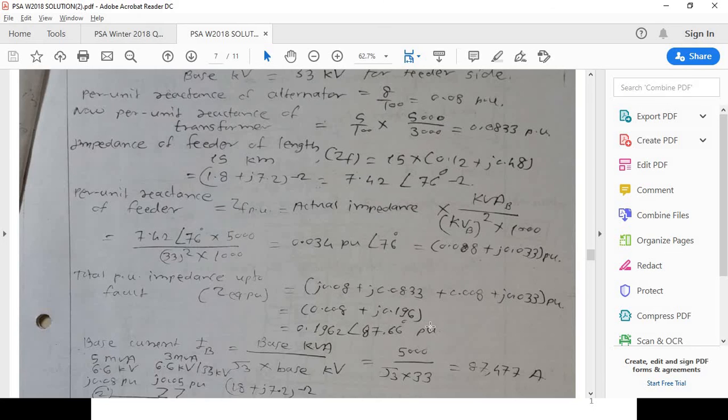So it will be equal to 0.008 plus j 0.196 in rectangular form, and in polar form it is 0.196 at an angle of 87.66 degrees per unit.